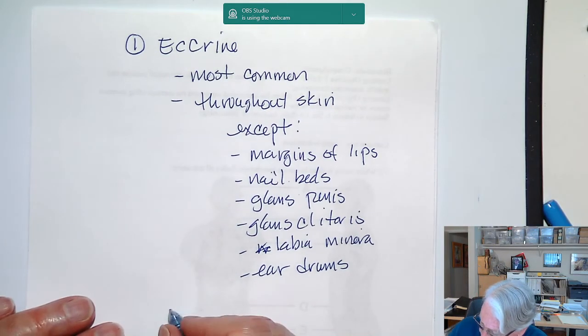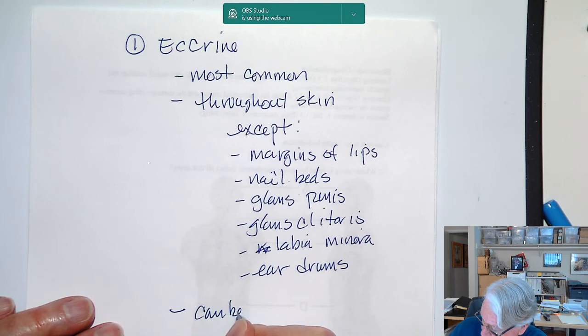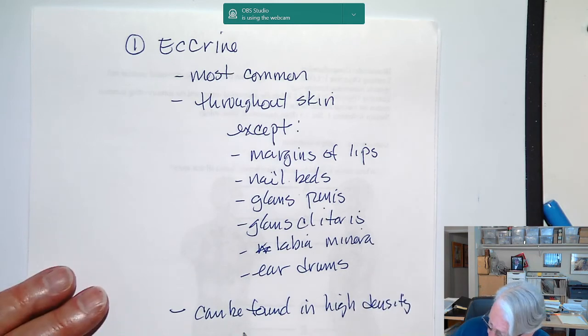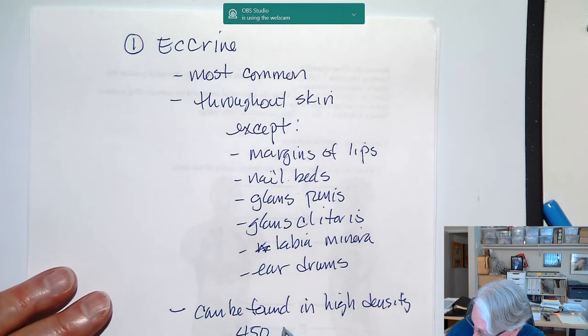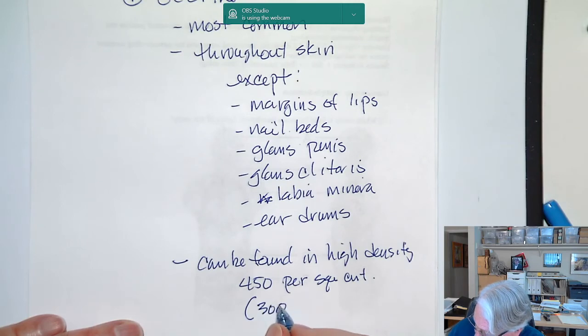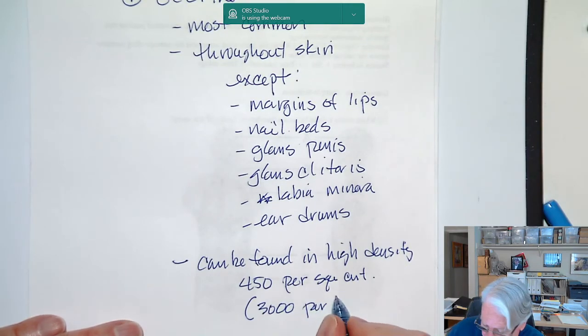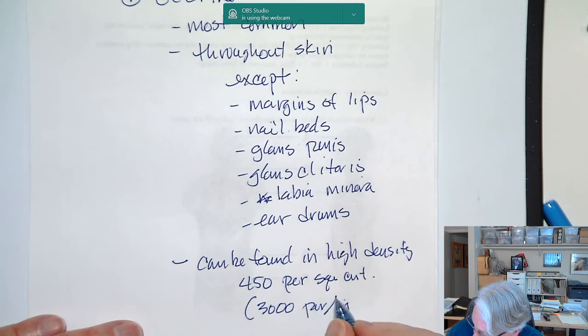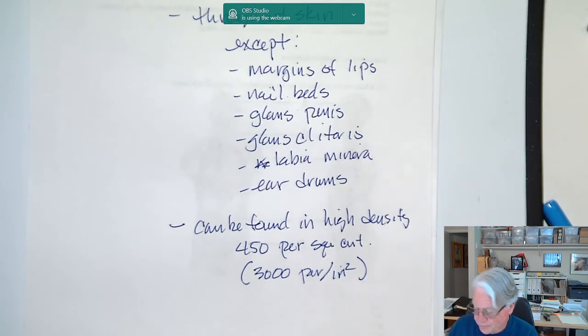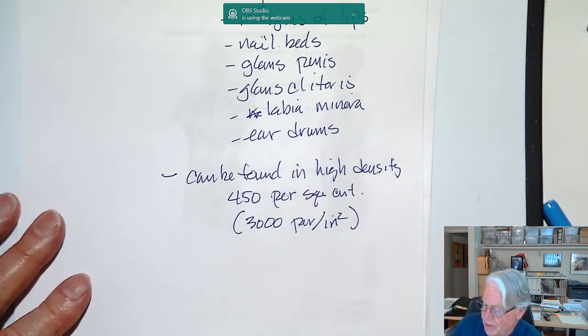They can have very high density. So 450 per square centimeter. That's pretty dense. That would translate to about 3,000 per square inch. Okay. All right. That's the eccrine gland.